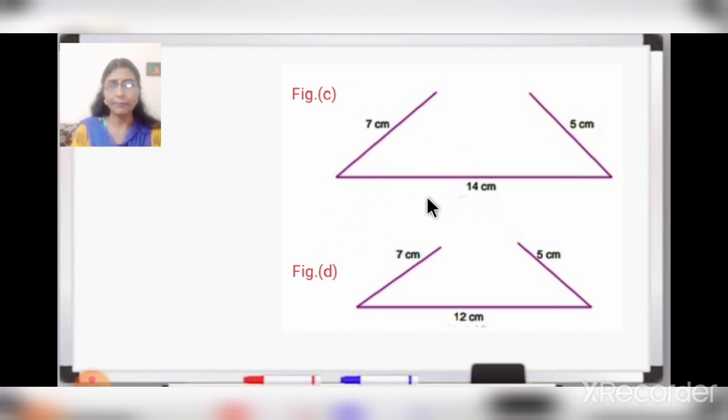So on one page you stick only one figure, and then on the next page you can take the other one, because you cannot stick both on one page. This is figure D. This is 7 centimeter, this side is 5 centimeter, and the base is 12 centimeter.